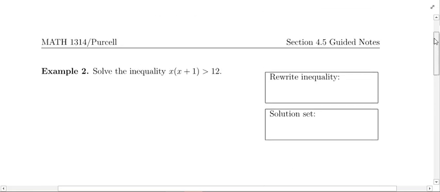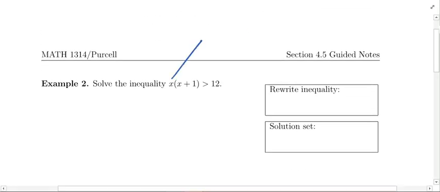Just so you know, the goal in solving an inequality like this is to find every x value that makes this a true statement.